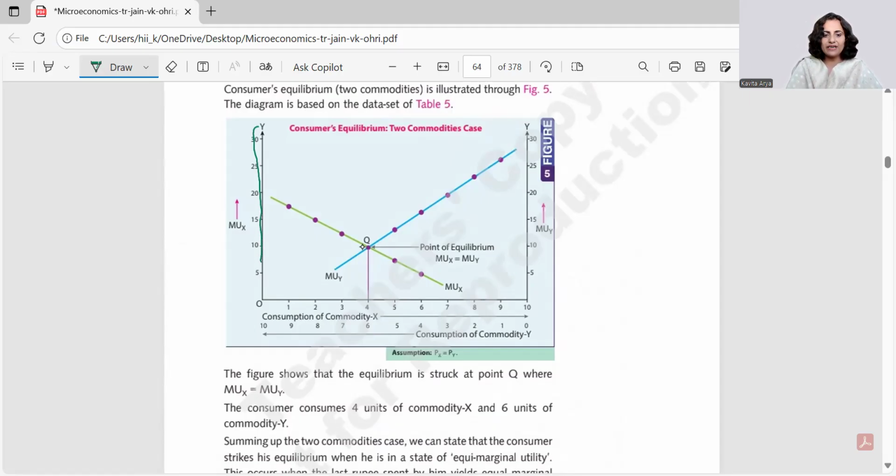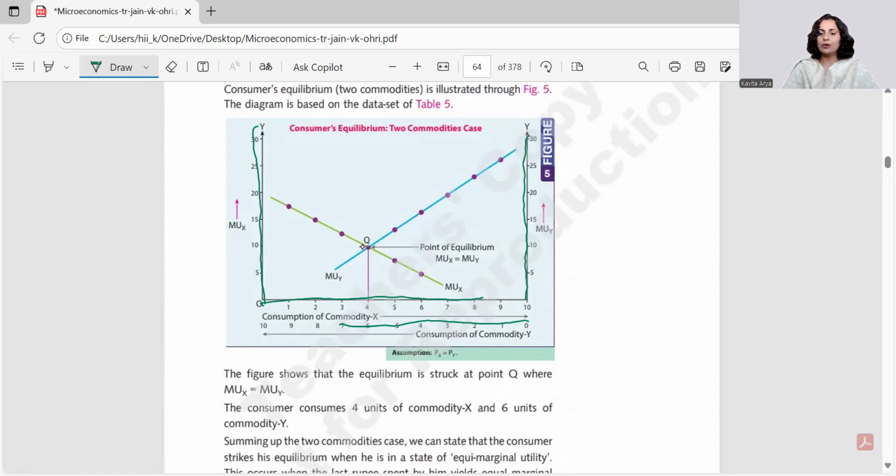See, this is the ordinary pattern, vertical and horizontal axis. But if we are to show Y as well on this very diagram, this becomes the vertical axis and this scale becomes the horizontal axis. Right, you would be able to see that the origin of Y is here, 0, 1, 2, 3, and 4.